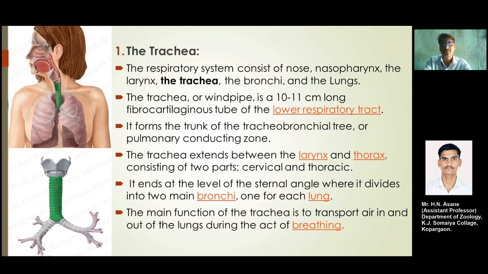The upper respiratory tract will be from the nose to the larynx, that is the nose, nasopharynx and larynx, and the trachea, bronchi up to the lungs will be the lower respiratory tract.